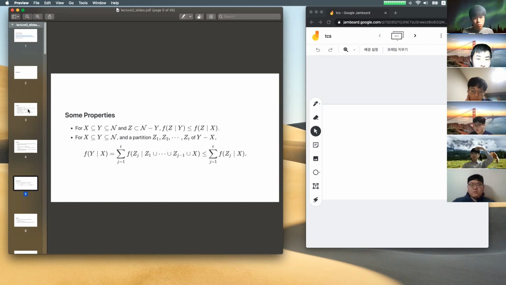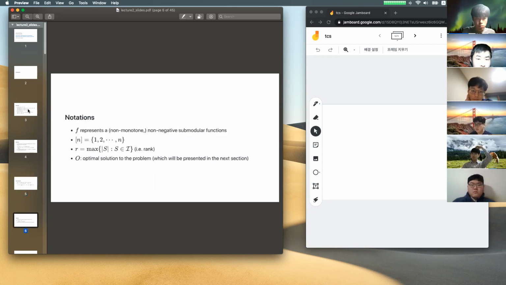As I know, a similar paper was presented in season 1 of Project TCS, but the difference between this paper and the previous paper is the monotonicity of the function.